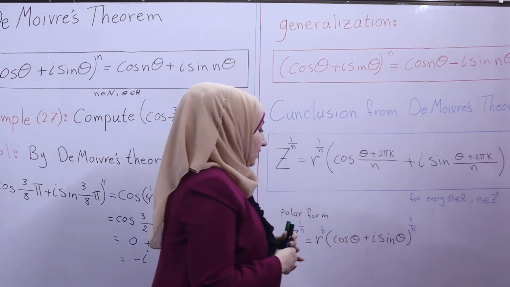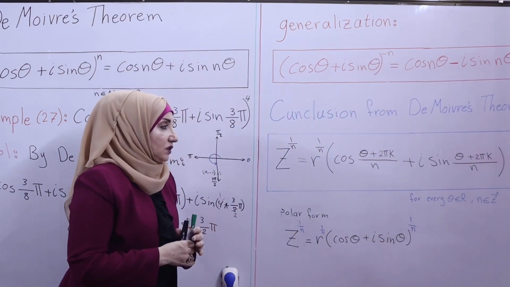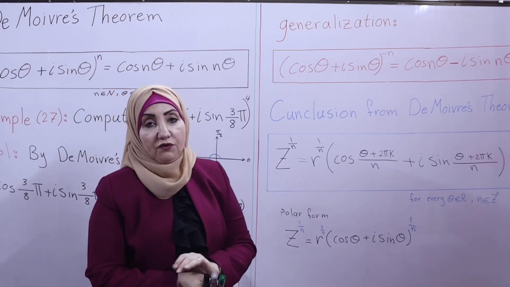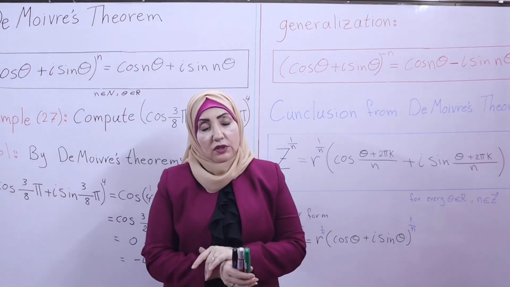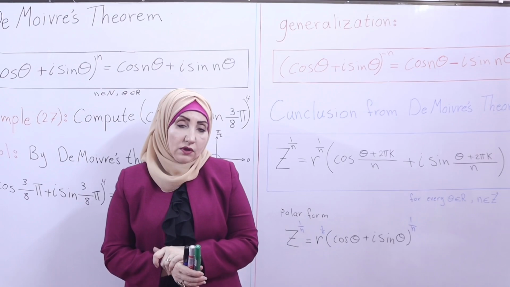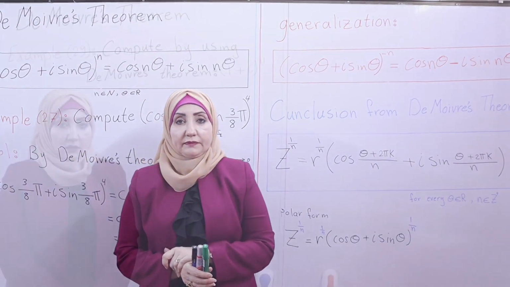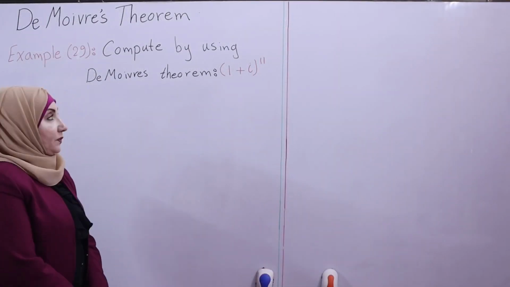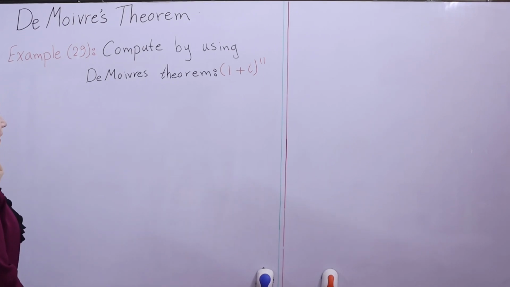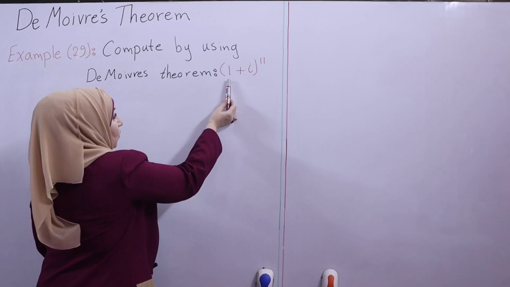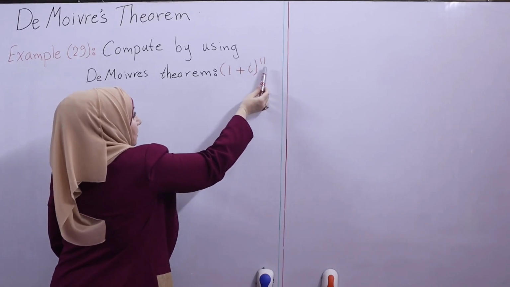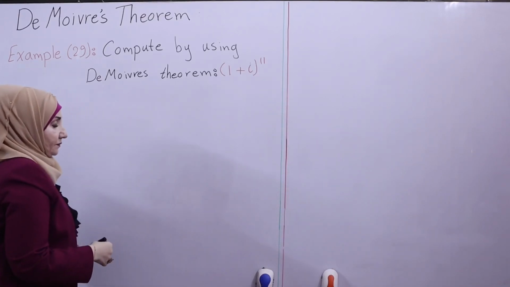So these are the 3 laws that we have from DeMoivre's theorem. Now we will see how we use them to solve our examples. And now we have example 29. Compute by using DeMoivre's theorem 1 plus I all power 11.